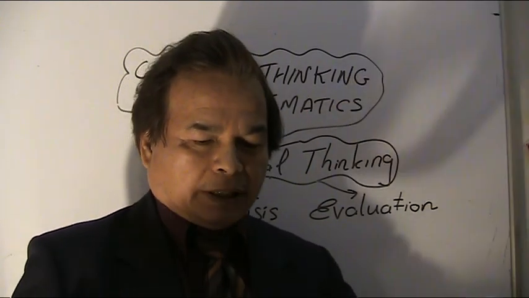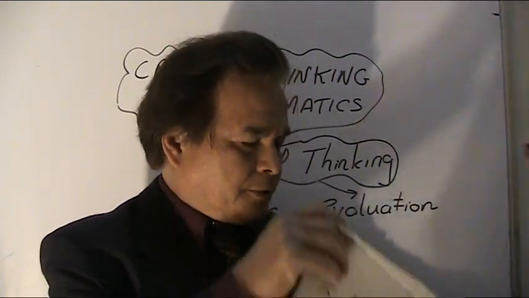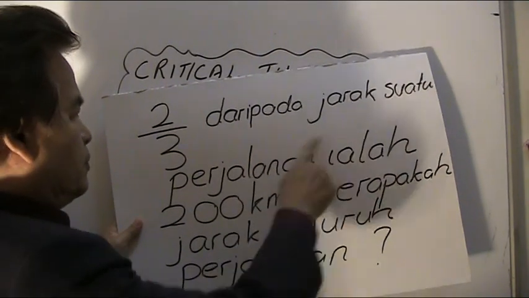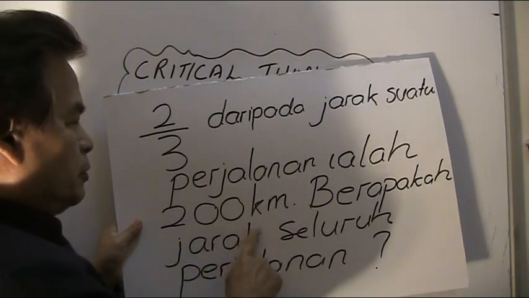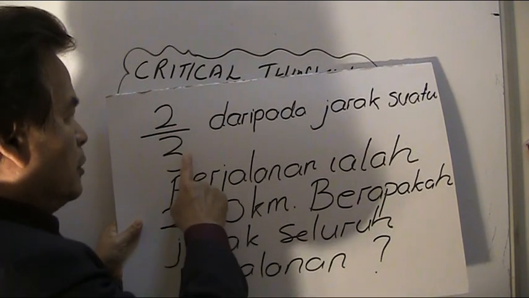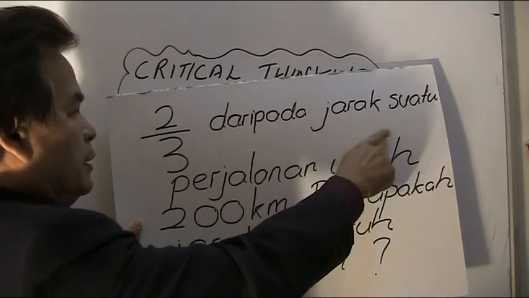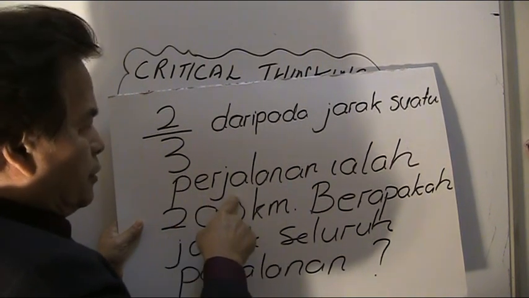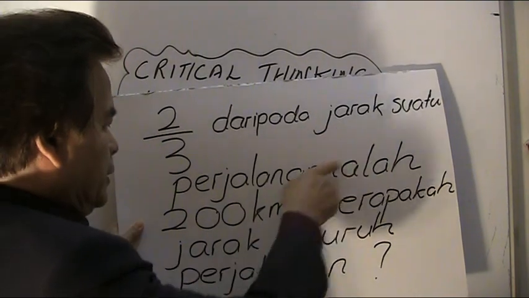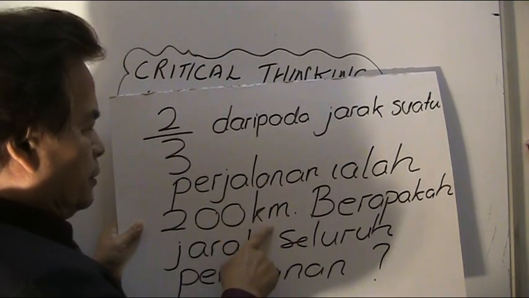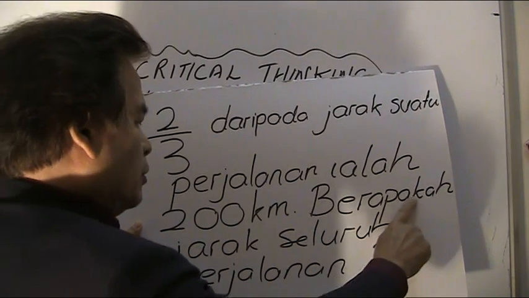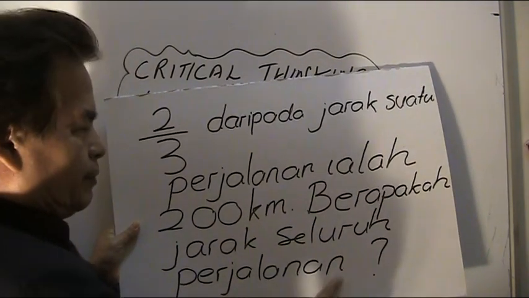So for example, I have a problem like this. 2/3 daripada jarak suatu perjalanan ialah 200 km. Berapakah jarak seluruh perjalanan? 2/3 of a journey is 200 kilometers. What is the total distance of the whole journey?